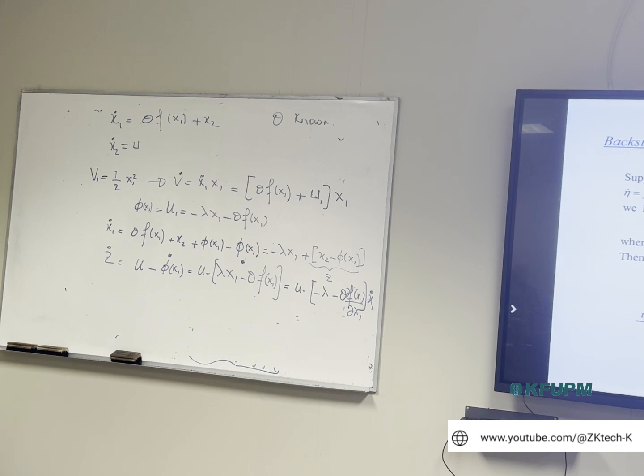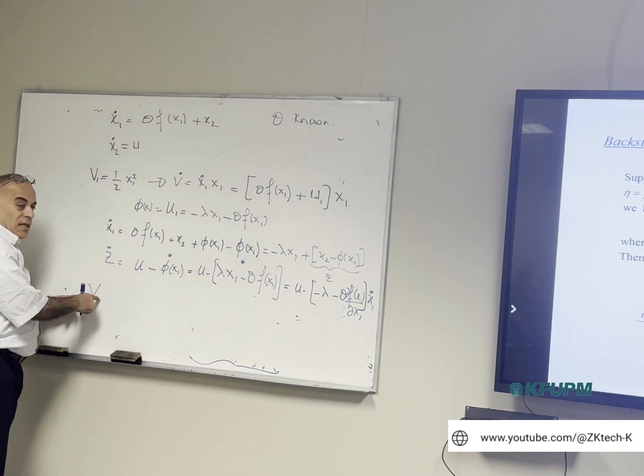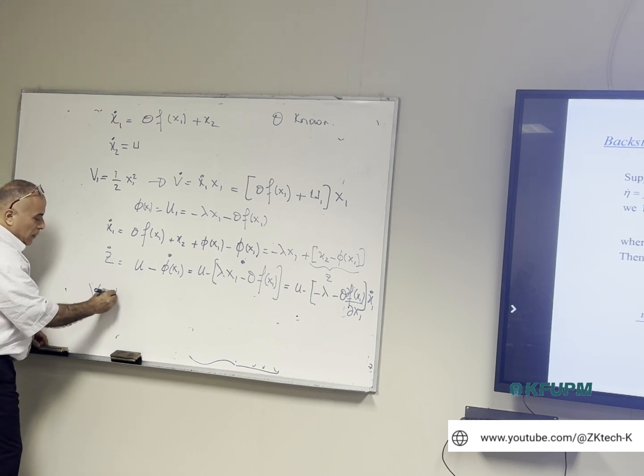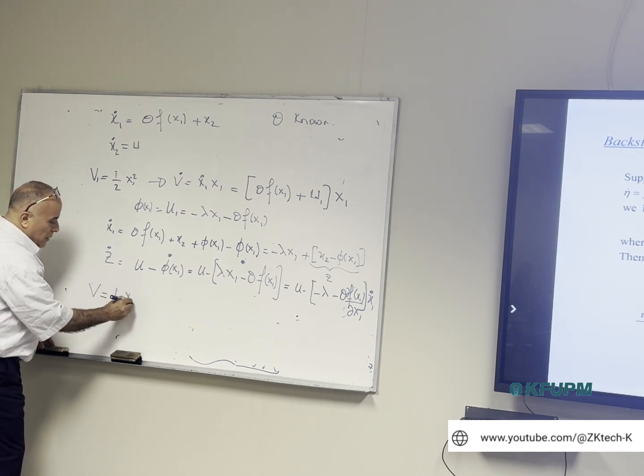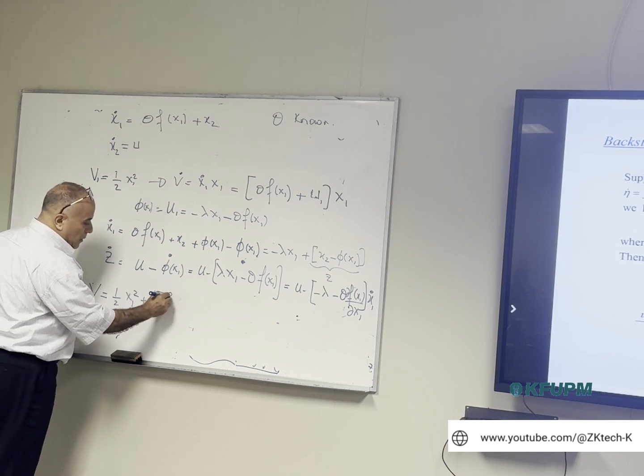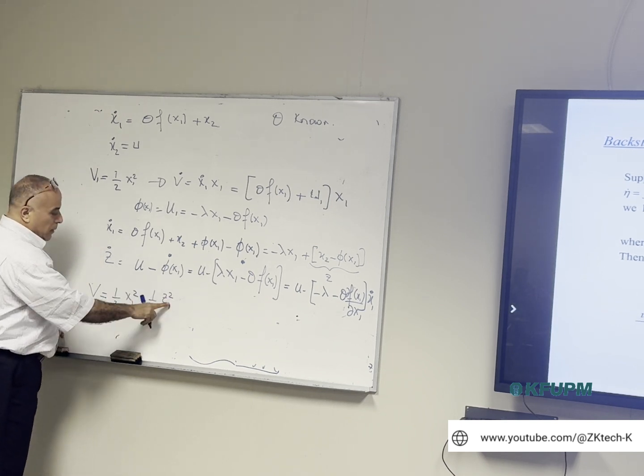What should I do next? Lyapunov again, so V. In this Lyapunov, my objective is to find u. So V is equal to half of x1 squared plus half of z squared.